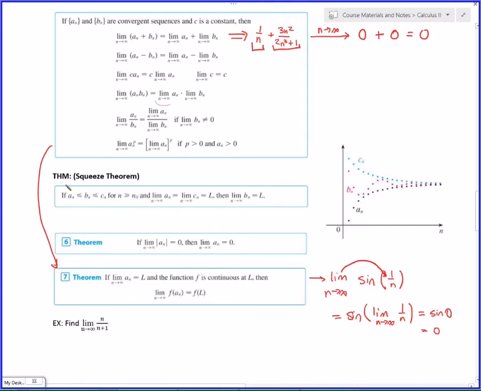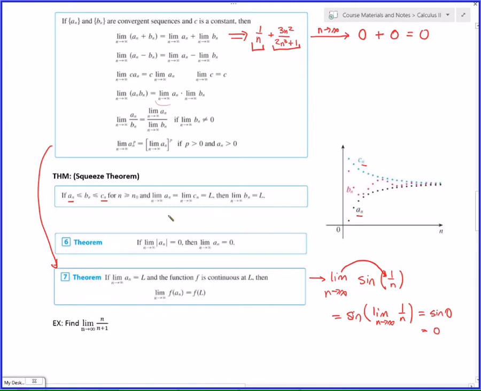There's also a squeeze theorem, which I'll use in one of my examples below, but the squeeze theorem says if, say we have a sequence A sub n and C sub n. Notice here's A down here and here's C up here. A is the black dots and C is the blue dots.